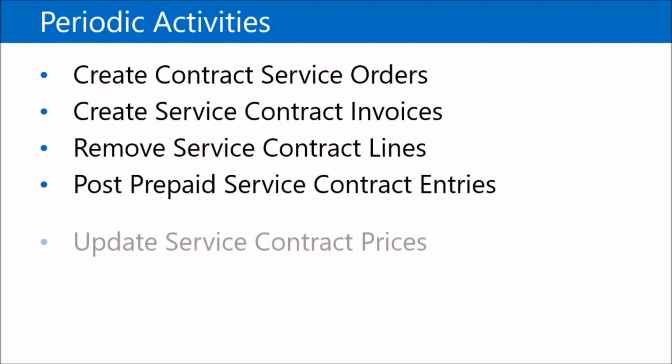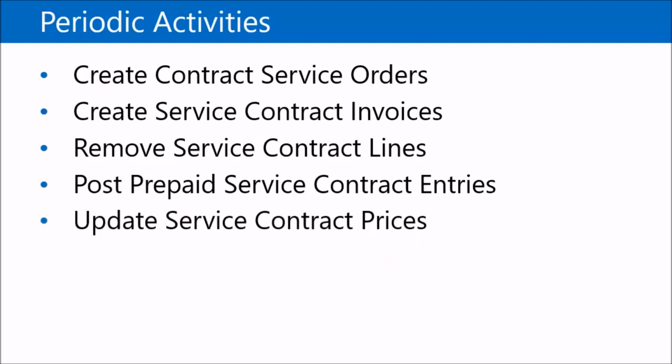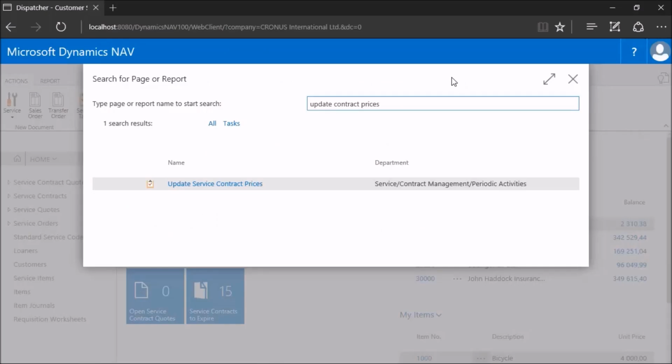And let's also have a look at the last batch job, the update service contract prices batch job. This batch job will update prices on those service contracts that need price updates. It updates the contract value of the service items.